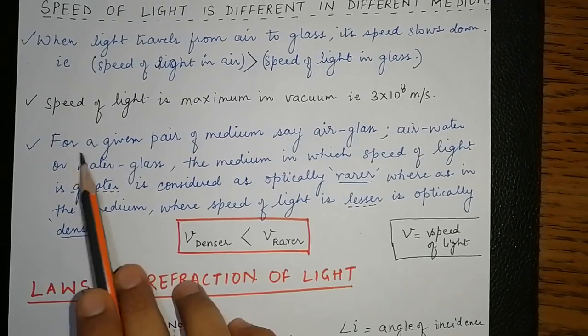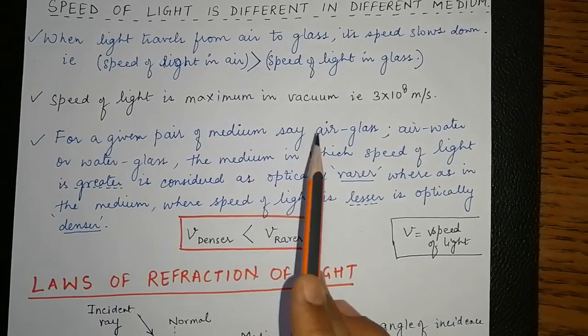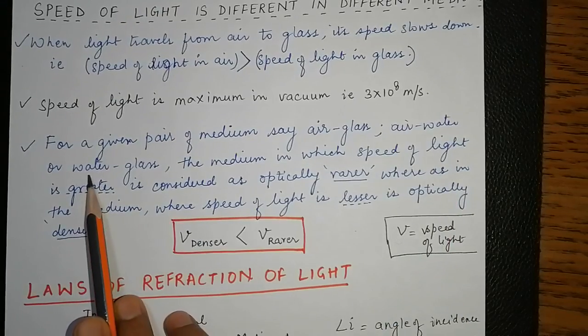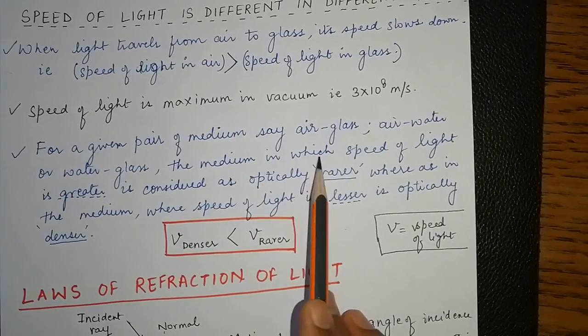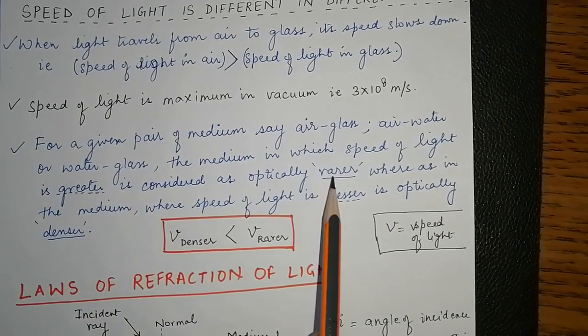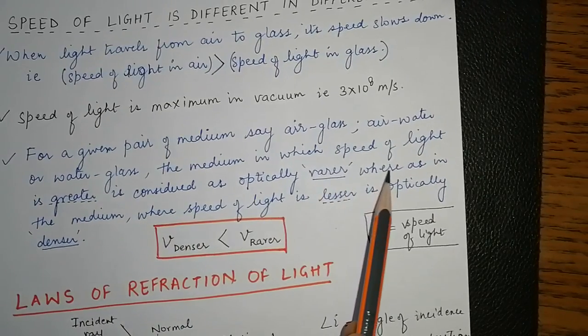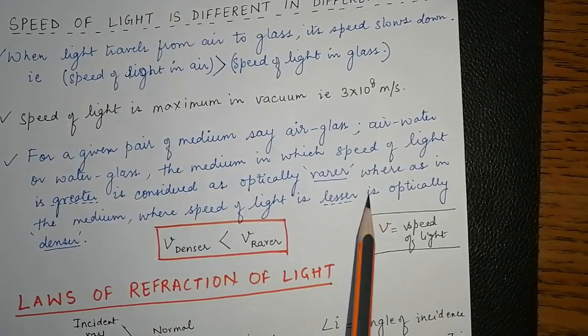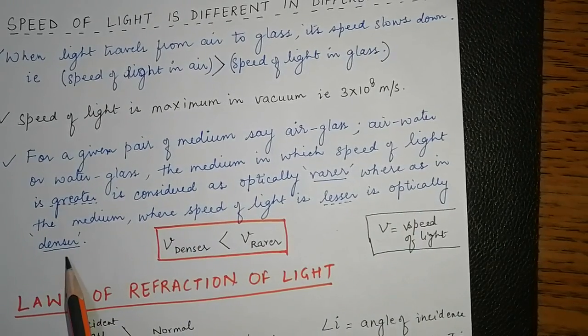Third important point is that for a given pair of medium, say air and glass, or air and water, or a pair of water and glass, the medium in which the speed of light is greater is considered as optically rarer, whereas the medium where the speed of light is lesser is optically denser.